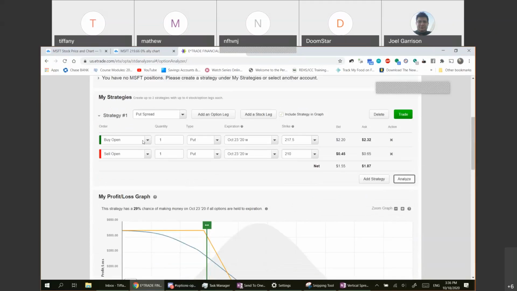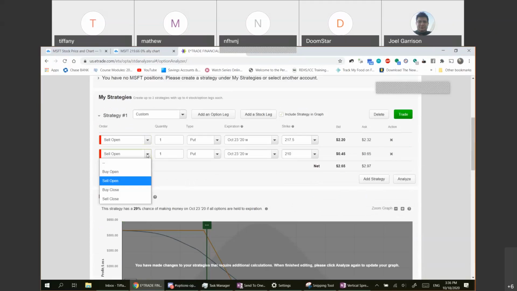So let's just change this. If you were bullish on Microsoft, this is what you do. You sell to open and you buy to open. This is how you do it on other brokers, like non-Robinhood brokers.